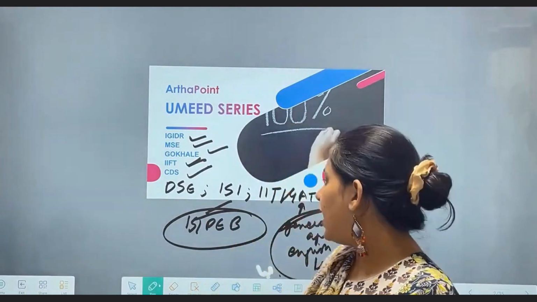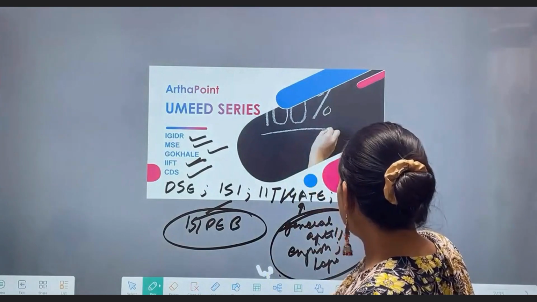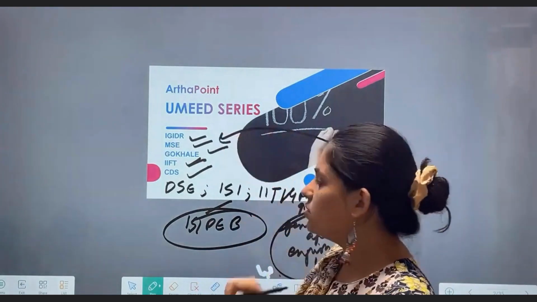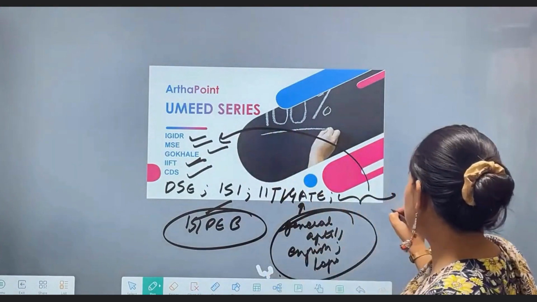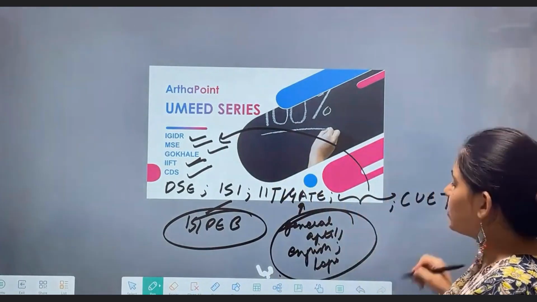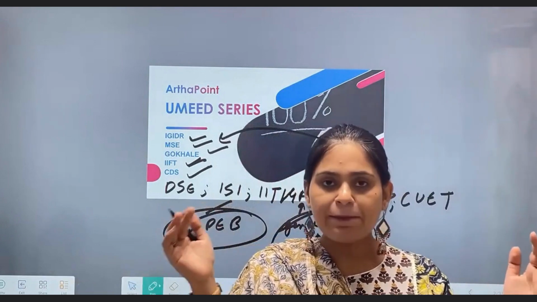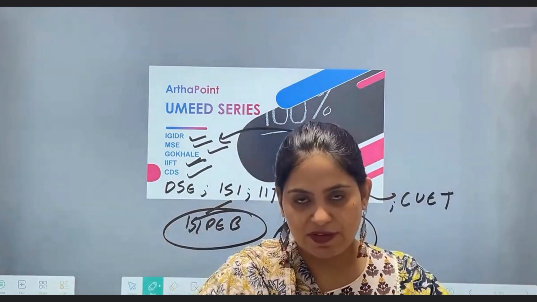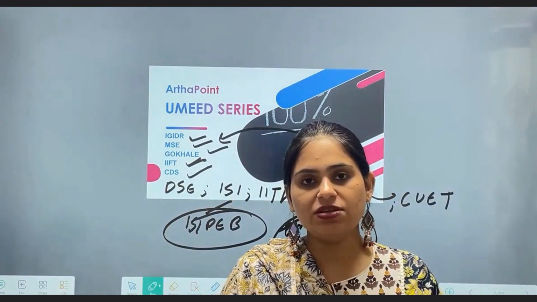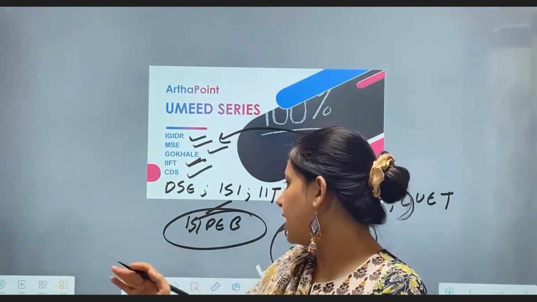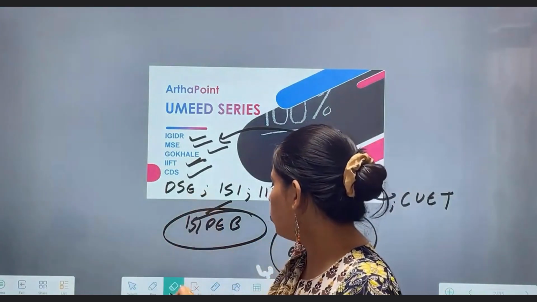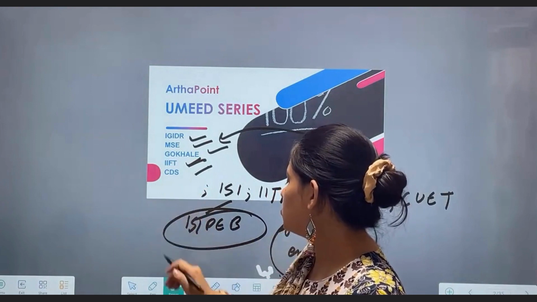And the last level is where I combine all these together. And the 5th one, of course, is CUET. So we can divide our entire exam, whatever exams we have to give in MA Economics, into these 5 different categories. But of course, now I no more have DSC, so I can just remove this.